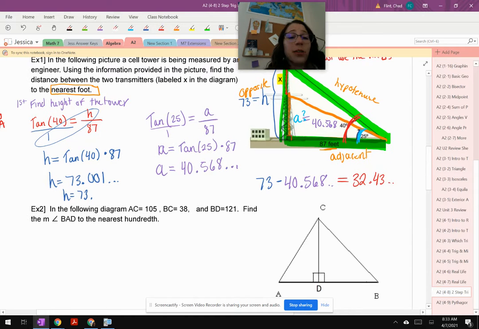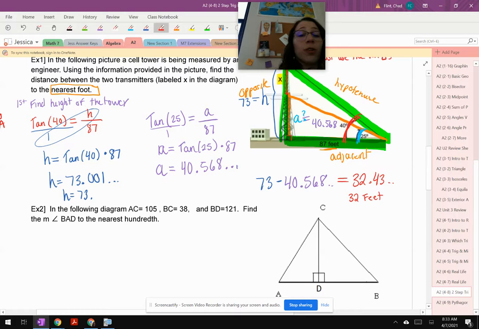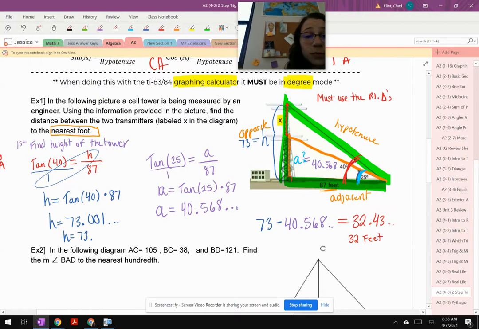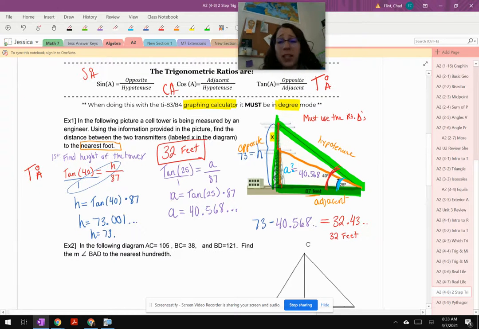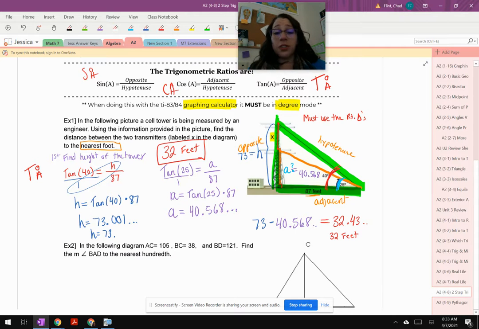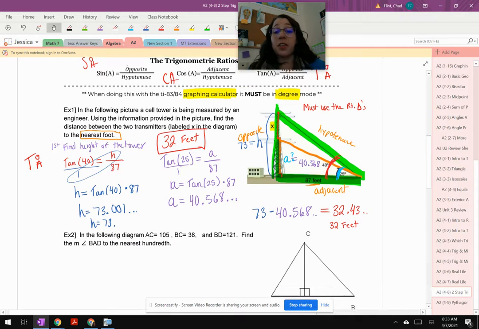They were asking me to go to the nearest foot, so that would be 32 feet. I'm just going to rewrite that up here, 32 feet. Boom. So a little lengthy, you have to make sense of the diagram, but it's still just 2 trig ratios instead of 1, and then you're going to either need to add or subtract at the very end like we did there.